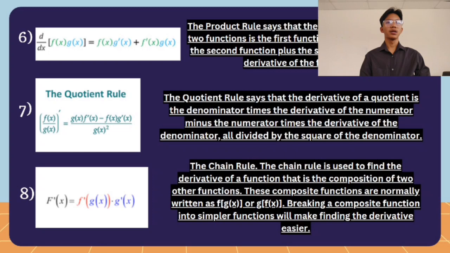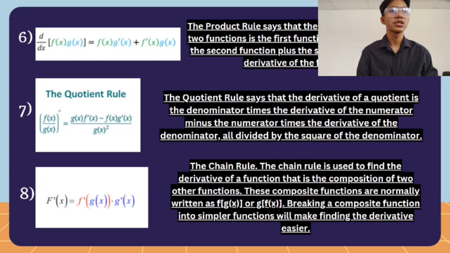Seventh is the quotient rule. It says that the derivative of the quotient is the denominator times the derivative of the numerator, minus the numerator times the derivative of the denominator, all divided by the square of the denominator.